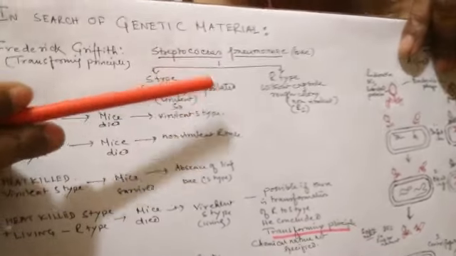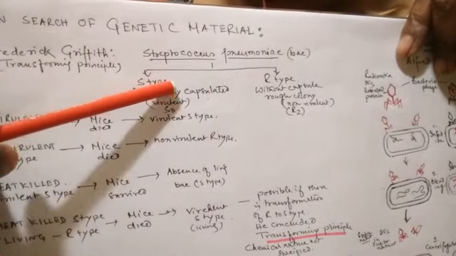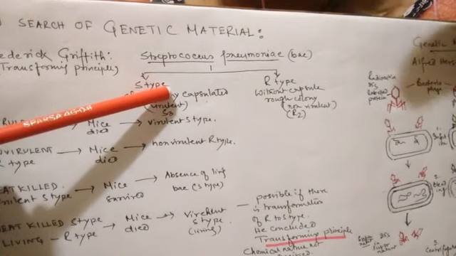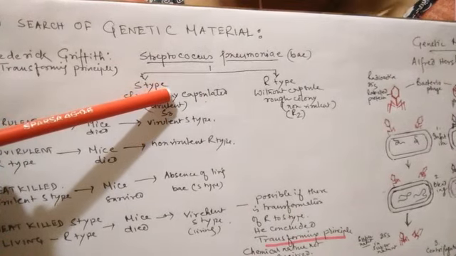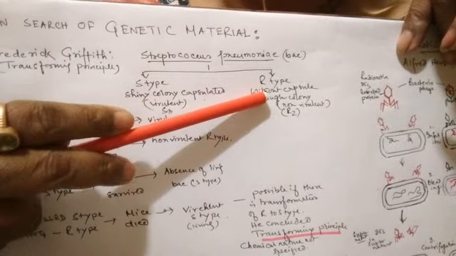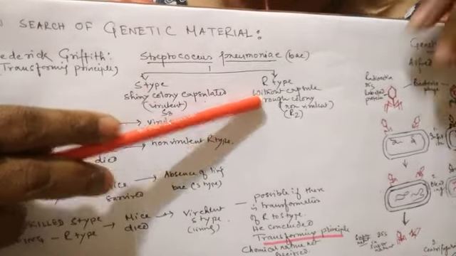He found that there are two types. One has an outer covering called a capsule, which produces a shiny colony, and the other does not have that capsule, so it does not produce that shiny colony.